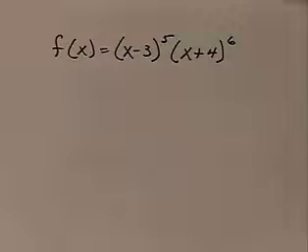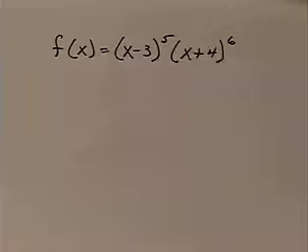We have two distinct factors, and therefore two zeros. The 0, 3, is said to have multiplicity 5 since it occurs in a factor whose power is 5. The 0, -4, is said to have multiplicity 6 because it appears in a factor whose power is 6.